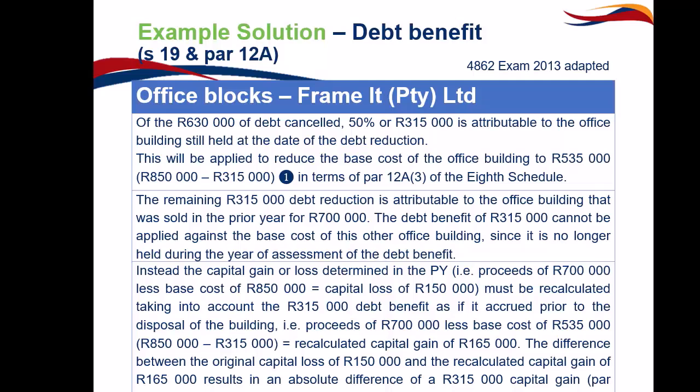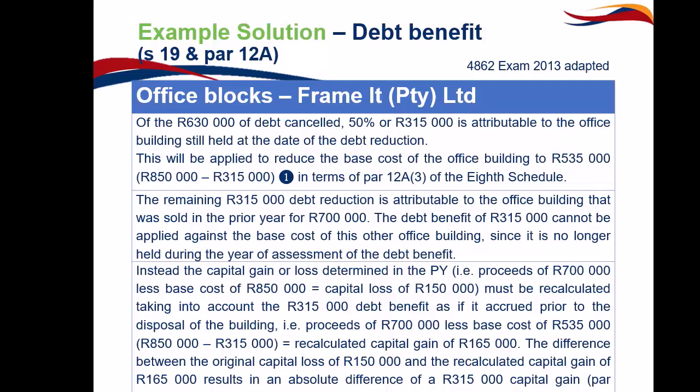You also need to understand why we did not receive allowances. I know the question did tell us that we did not receive allowances. But even if the question was silent on that matter, we should have been able to pick it up because this is a second-hand office building, and therefore we wouldn't have qualified for section 13.